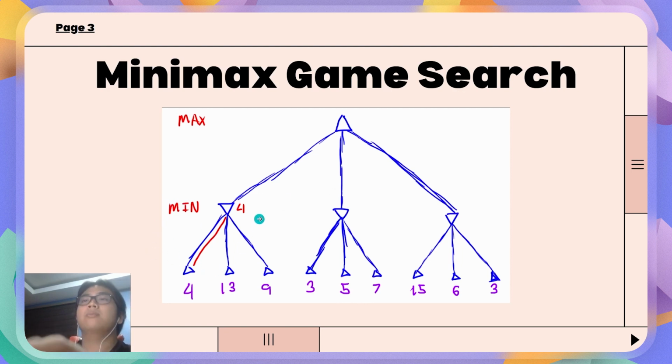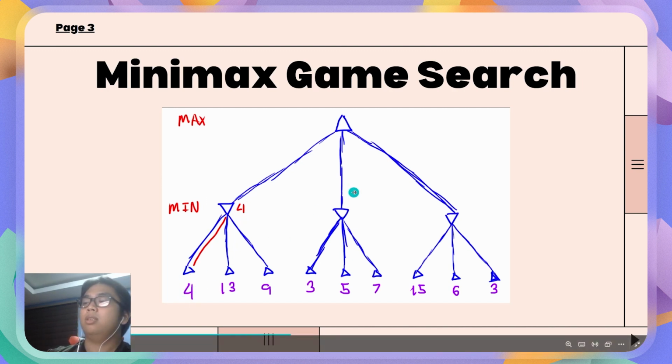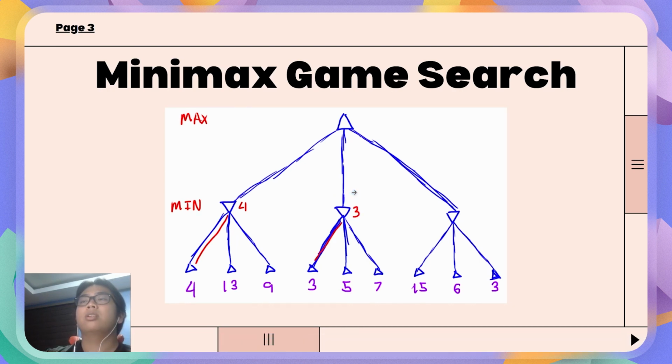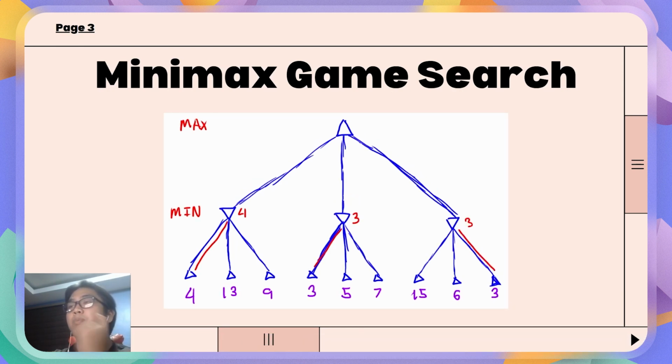Hence, in this part, you can see that player 2 picks the node that gives an outcome of 4. We can also see that on the next steps of the minimax game search. In this one, player 2 picks the outcome of 3, and on the very third node in the second layer, player 2 picks the outcome resulting in a value of 3.